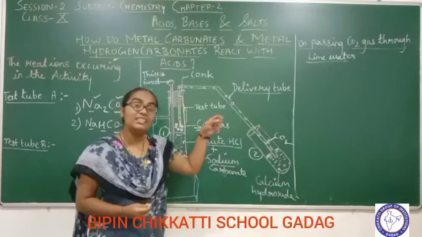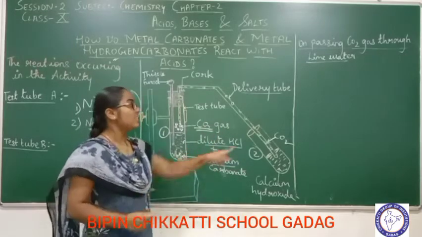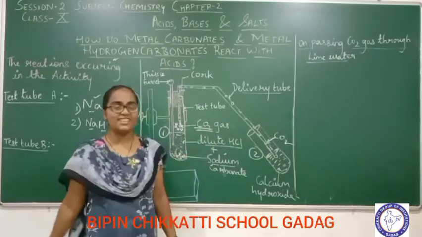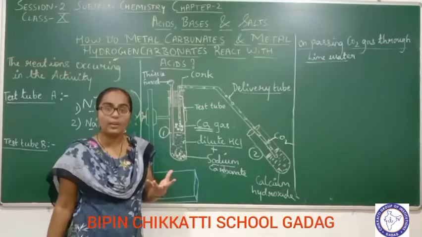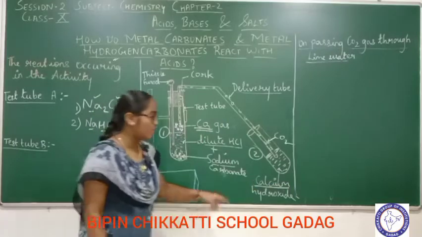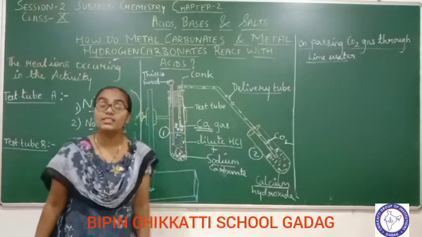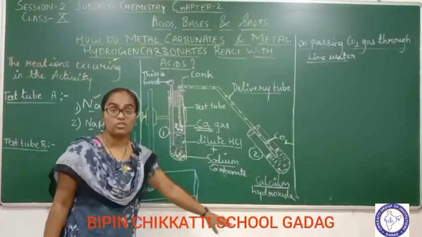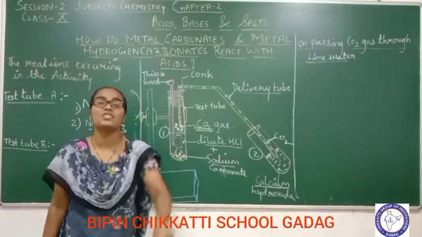Right? So when it enters test tube 2, which contains another reagent in liquid or solution form, the name of that solution is calcium hydroxide. So in test tube 2, calcium hydroxide is there.